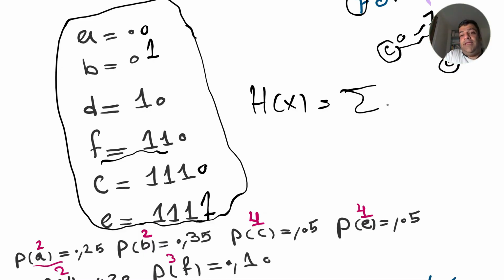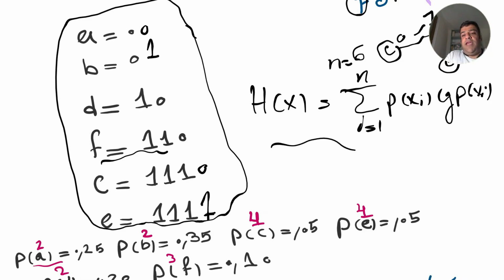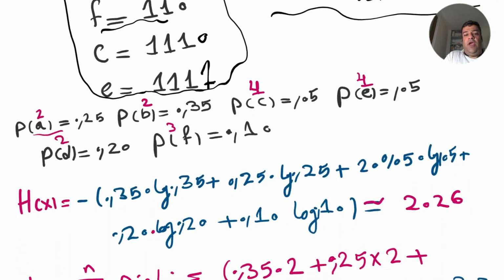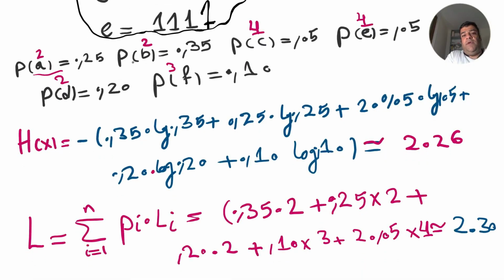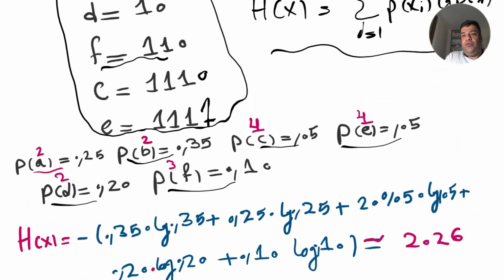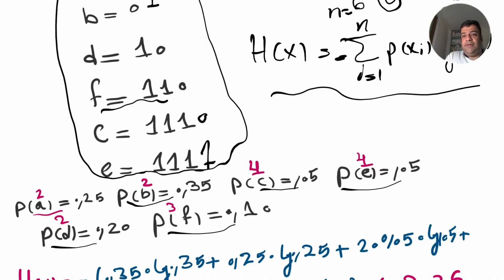You know that it is minus the sum of p(xi) log p(xi), i from 1 to n. For example, n in here is 6. If we calculate this formula, we know all of our probabilities. For example, pA is 25%, pB is 35%, C is 5%, E is 5%, D 20%, F is 10%. If we put them in this formula, but it has a minus also, guys.